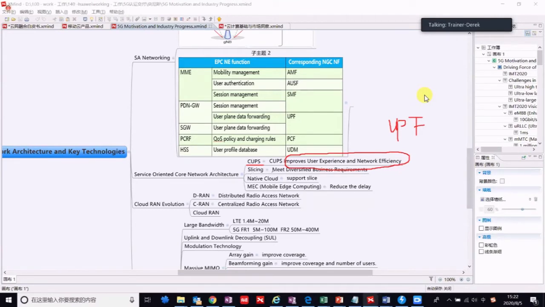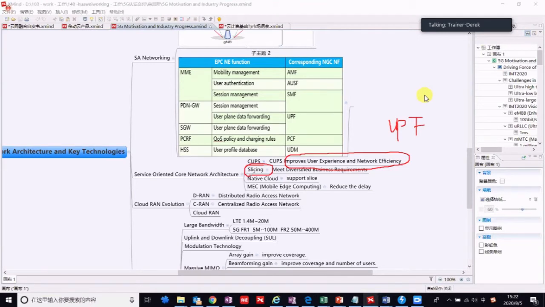The second is slicing. The ITU defines service types like eMBB, URLLC, and IoT, mMTC.